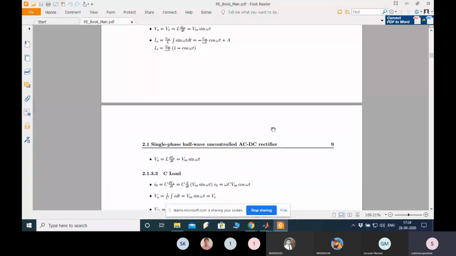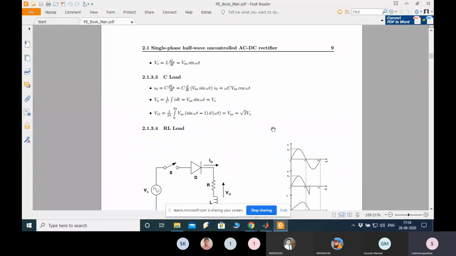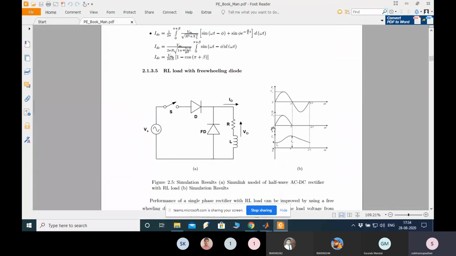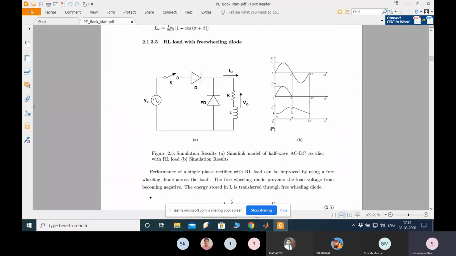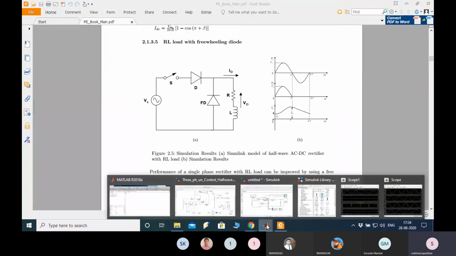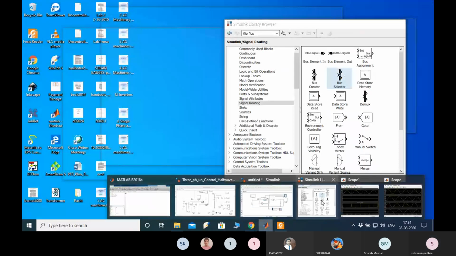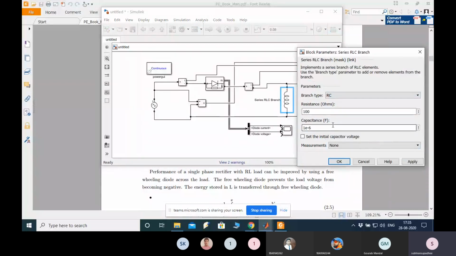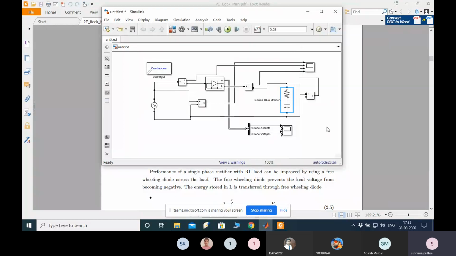Again, similarly, you can go for the C load as well. C load, RL load, everything you can do. This is directly from PS Pimra Power Electronics, and I'm doing it over here. For C load, directly I cannot connect C, so I have to connect an RC. Here the R value I have to increase.